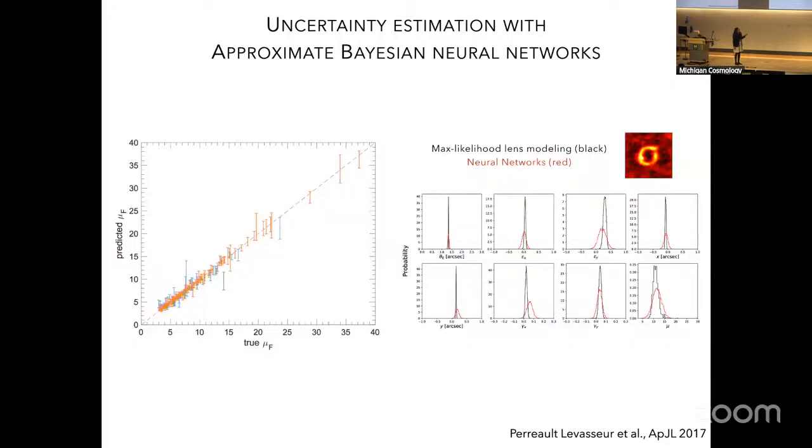And we can compare with the posterior uncertainties we would get by actually sampling the posterior. So the black line is sampling the posterior, and the red lines are the uncertainties that come from the Bayesian neural network. And the red posteriors are wider because they have the additional uncertainty that comes from the neural network itself. So it's as we should expect.